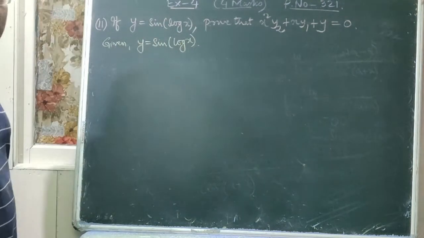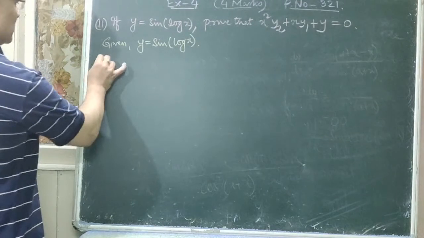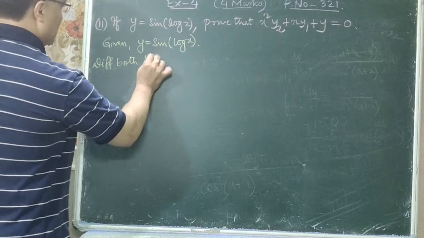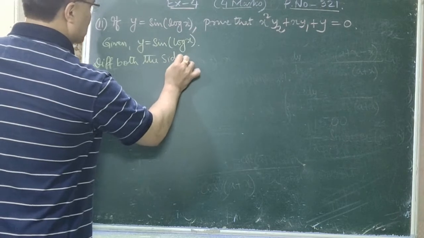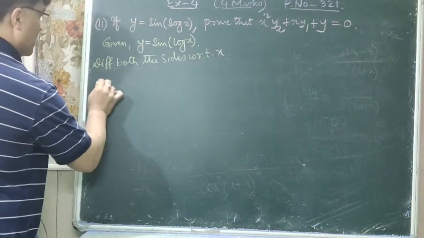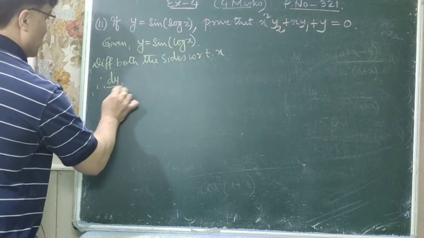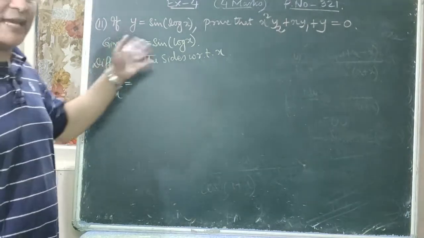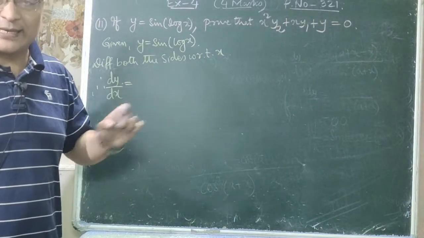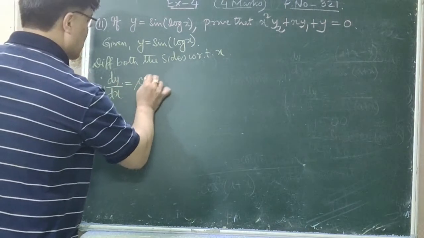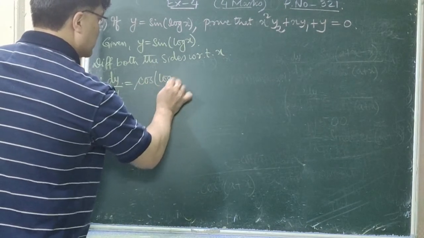Let us find out dy by dx first. So differentiating both the sides with respect to x, dy by dx is equal to, now you can take it as sine x form. Log x is taken as x. What is the differentiation of sine x? Cos x. So it is cos of log x.